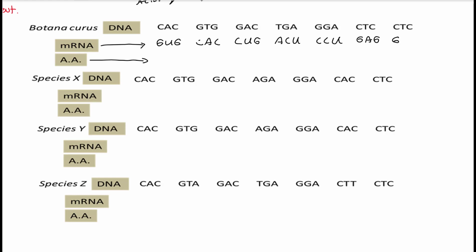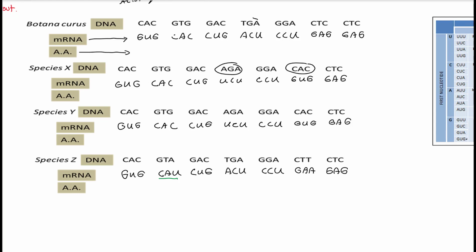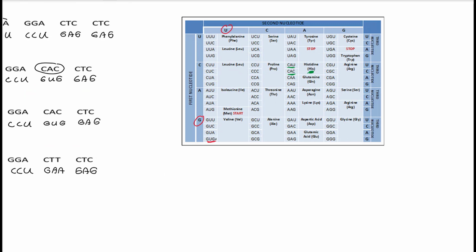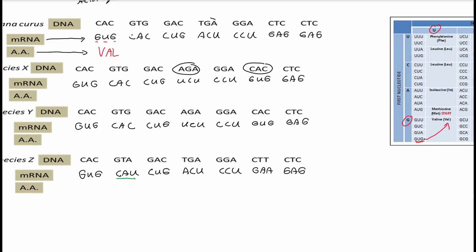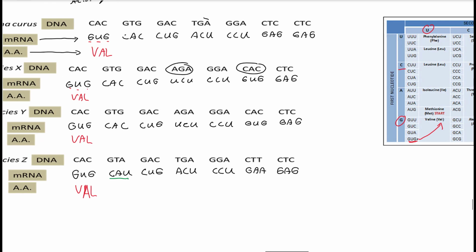So let me fill out this mRNA sequence here for you. Start to see some differences. And now we're going to use this amino acid chart to find the amino acids. I'll try and speed this up a bit. All right, right here, we notice there's a mutation.